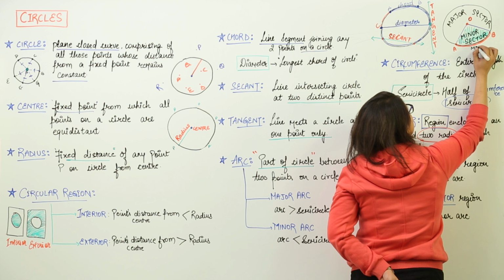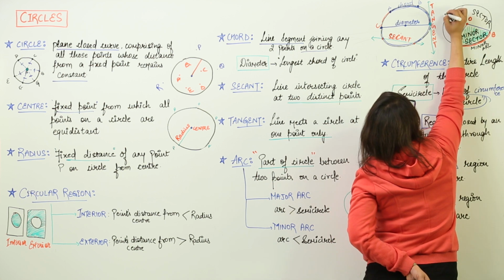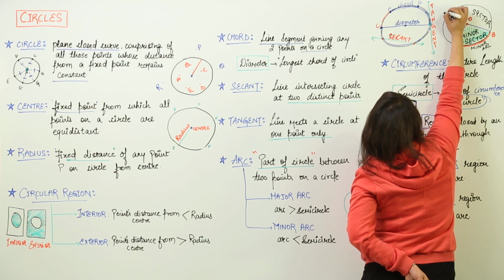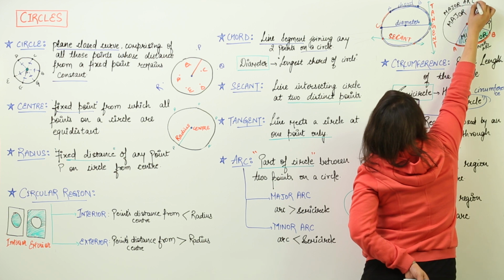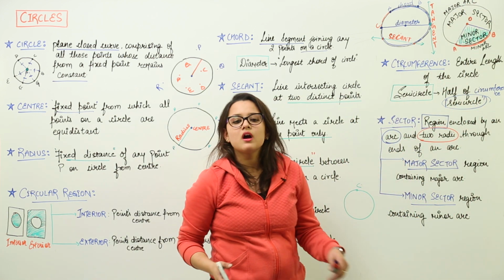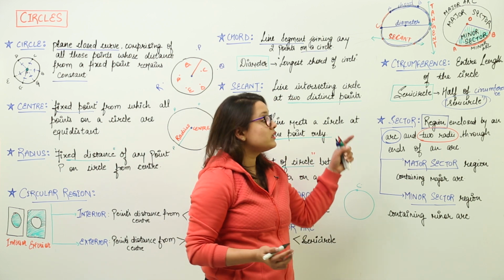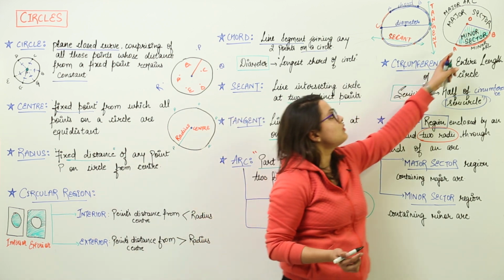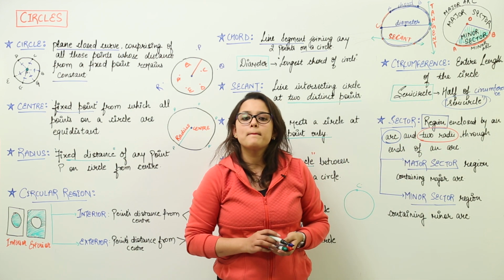Here you have the minor arc, and above, where you have the major sector, you have the major arc, right? So it depends on whether you have the minor arc or major arc. If you have the major arc and two radii, it will give you a major sector. If you have the minor arc and the two radii, that would give you a minor sector.